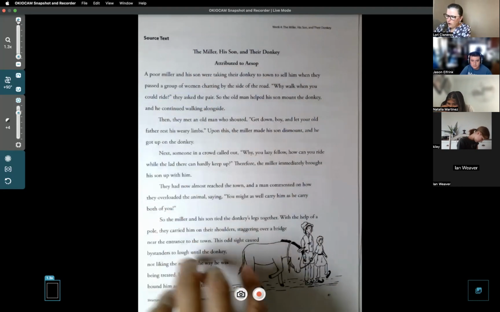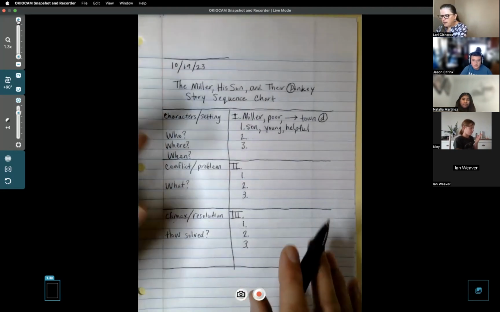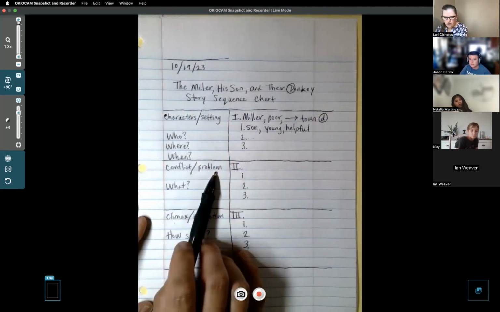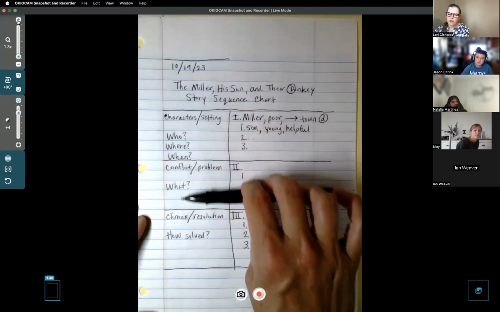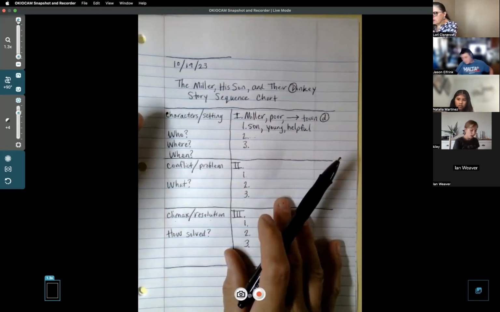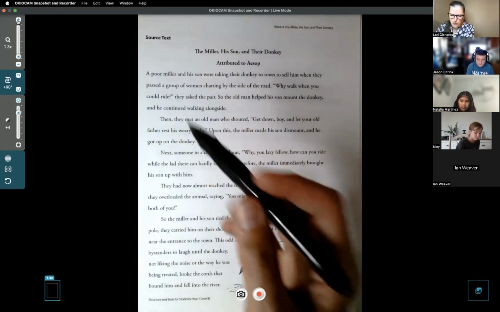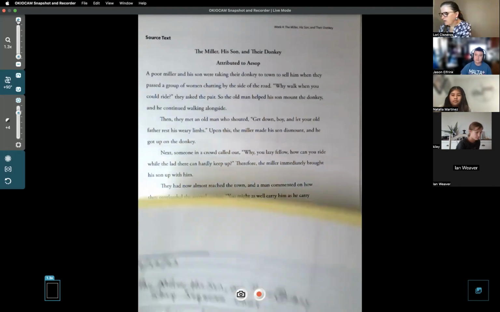We're looking at a whole story, even though there's 5 paragraphs here, and we're organizing by characters and setting, conflict problem, climax, resolution. So this is now going to become a 3-paragraph story that you write, even though we're using the original story to get the information. Your story is only going to be 3 paragraphs. Does that help? Okay, cool.